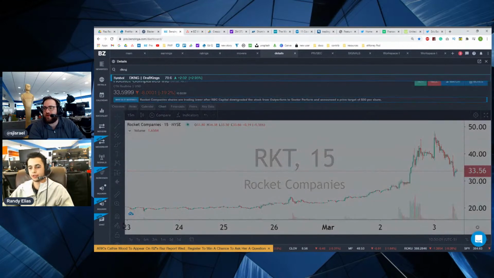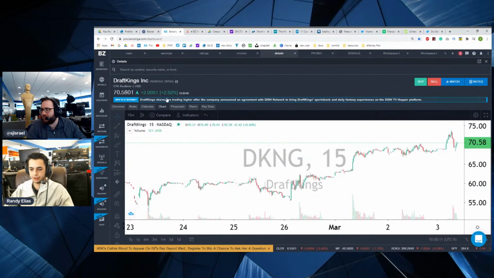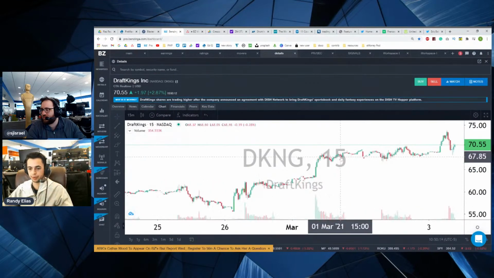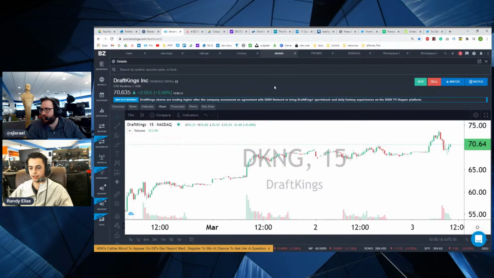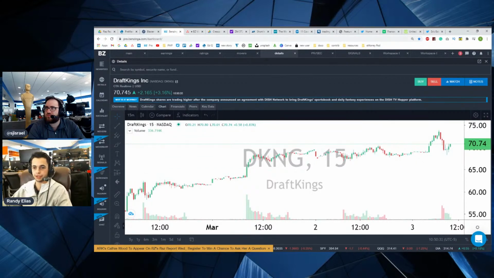DraftKings. So, they had some news this morning. Yeah, they have a deal with Dish Network. They're going to bring their sportsbook and daily fantasy experience to the Dish TV Hopper platform. So that's like Sling. It's just another way for people to access their sportsbook. On your phone, you could watch a game and place a bet, but now you can just do it on your TV.